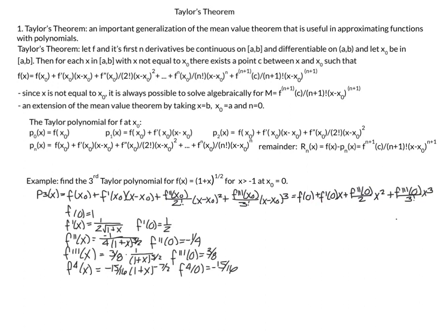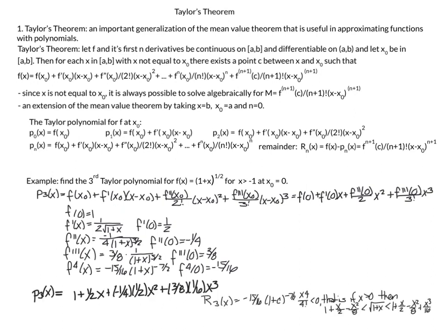Next, I need all the derivatives and things, and then I need to know what it evaluates at x naught. So I have f of 0, f of x naught is equal to 1 when I plug this in here. I have f prime of x here, and then f prime at 0, and then I went up to the fourth derivative. And even though I only wanted P3, I needed the fourth derivative to get my error term.